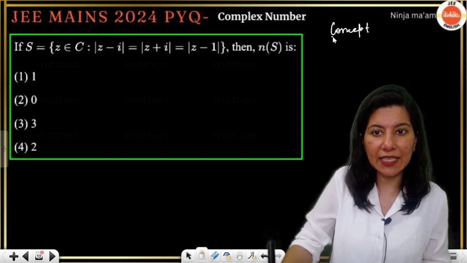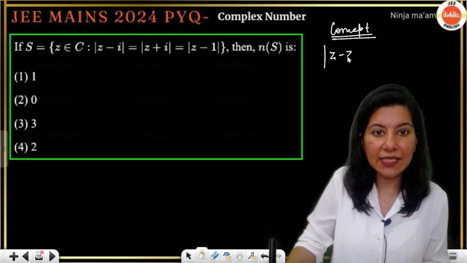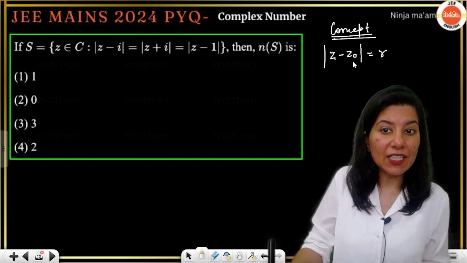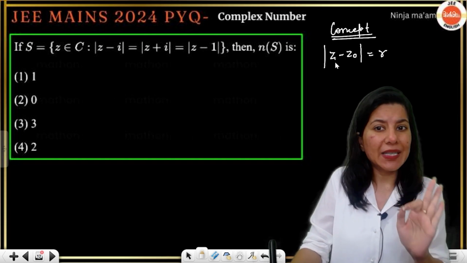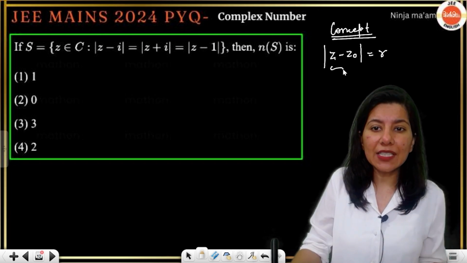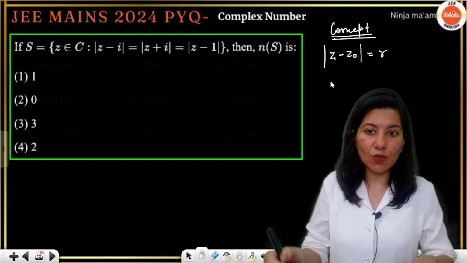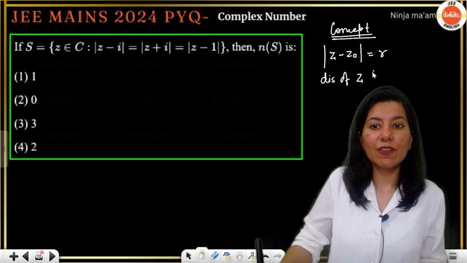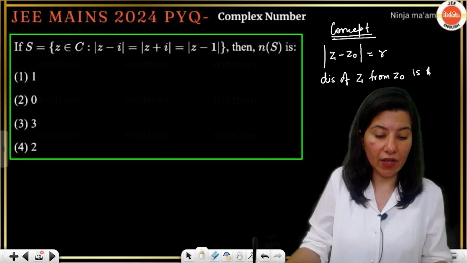The concept says that if you have modulus of z minus z naught equals r, what does that mean? This z naught is a known complex number or a known point, but z is unknown. So this expression means the distance of z from z naught is r.